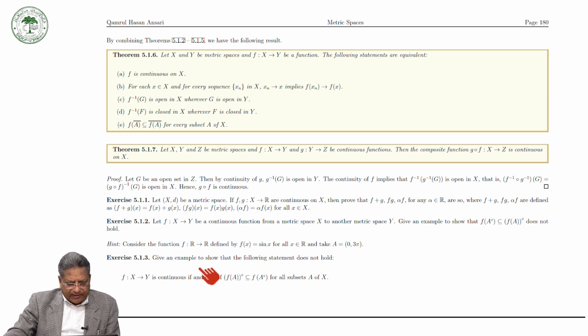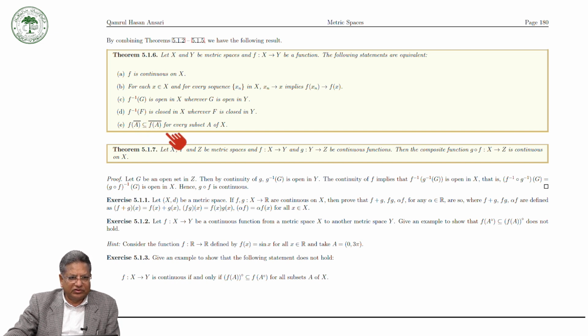Here I have another statement. Give an example to show that the following statement does not hold. That is to say, the other way: the function is continuous if and only if the interior of this. Now keep in mind, I am not putting it this way.